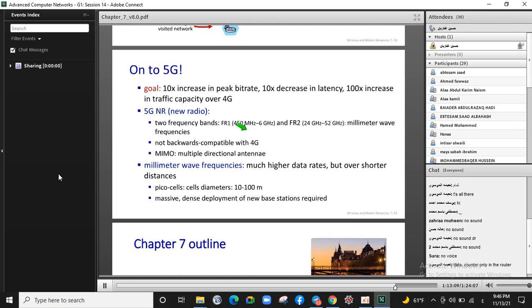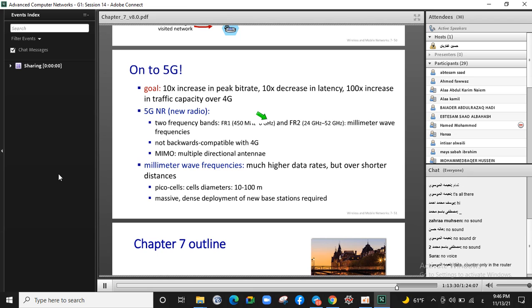Reaching these capabilities, these goals, is not easy. To do this, the scientists assign new radio channels for 5G networks, or we call it 5G NR. NR means new radio.